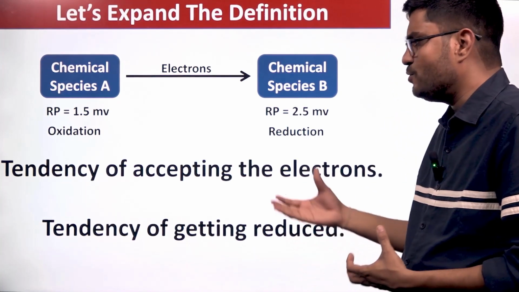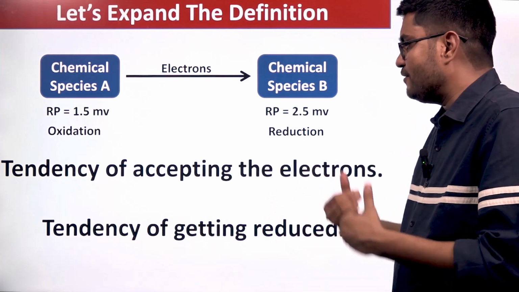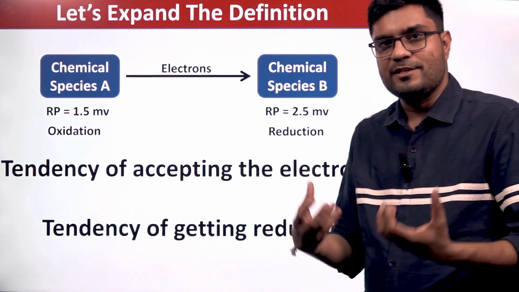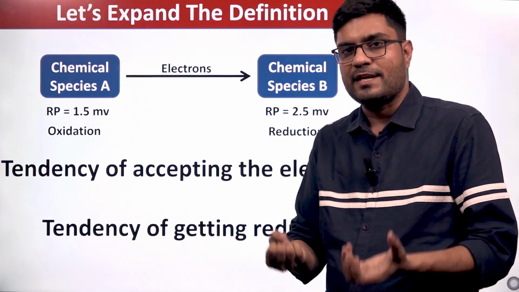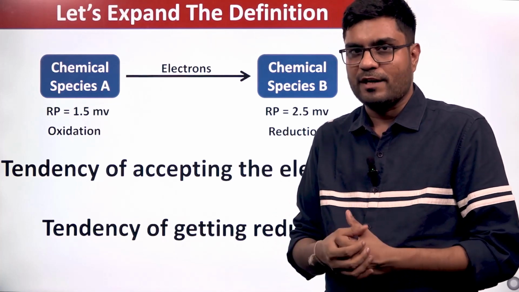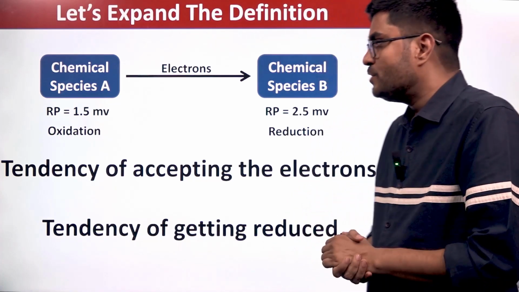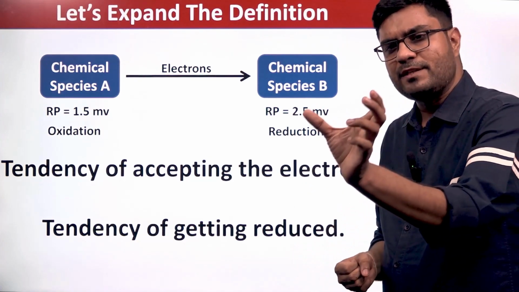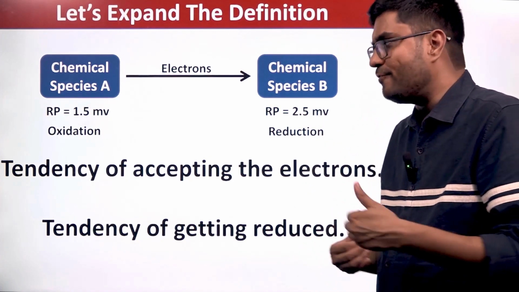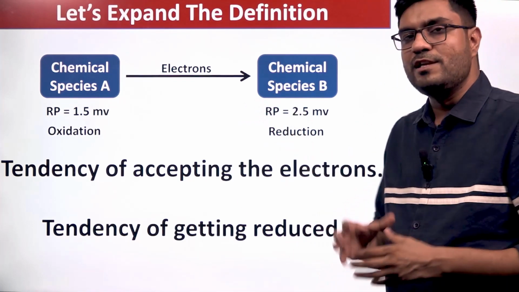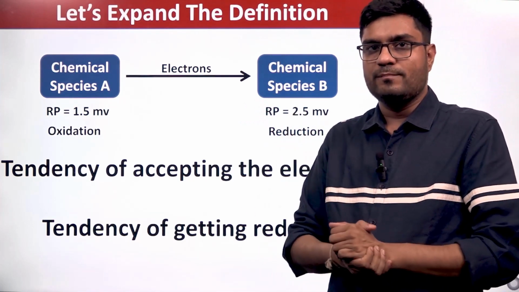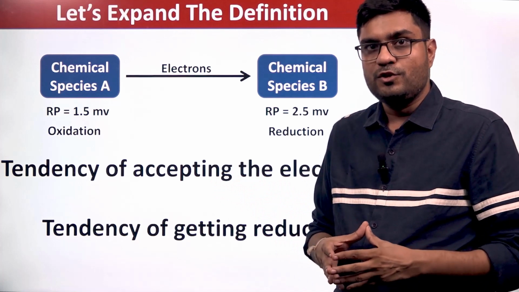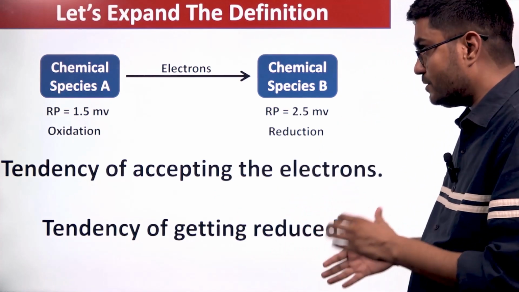Of course, these two are the same thing, because acceptance or gaining of electrons is called reduction. So we have learnt the definition, the tendency of accepting the electron, and another fact, that electrons will always be transferred from low reduction potential to high reduction potential.